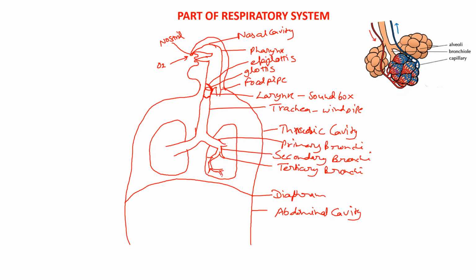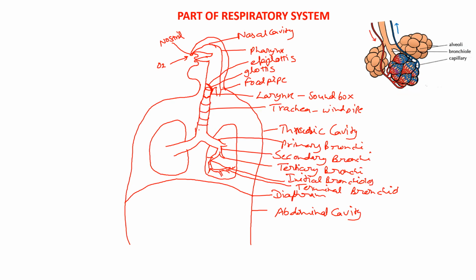Then these bronchi are further divided into bronchioles. Okay? So the first-formed bronchiole is called the initial bronchiole. And the last-formed bronchiole is called the terminal bronchiole. Okay? So the trachea and the primary, secondary, and tertiary bronchi are supported by C-shaped cartilaginous rings.